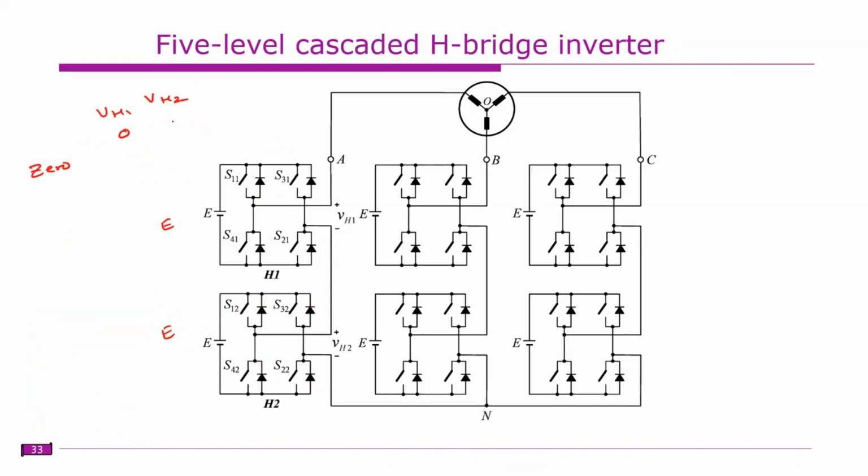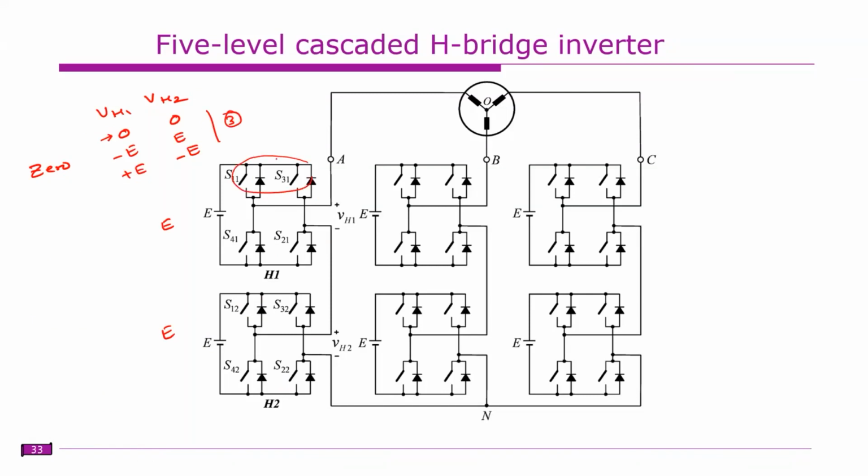So this is 0, this is 0, this is minus E, this is plus E, this is plus E, and this is minus E. So how many combinations do we have? 3 combinations, right?